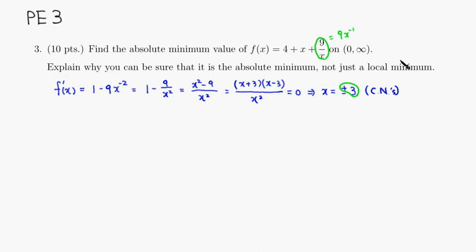So 3 is the only critical number, and maybe I should say x equals 3 is the only critical number on the interval from 0 to infinity.